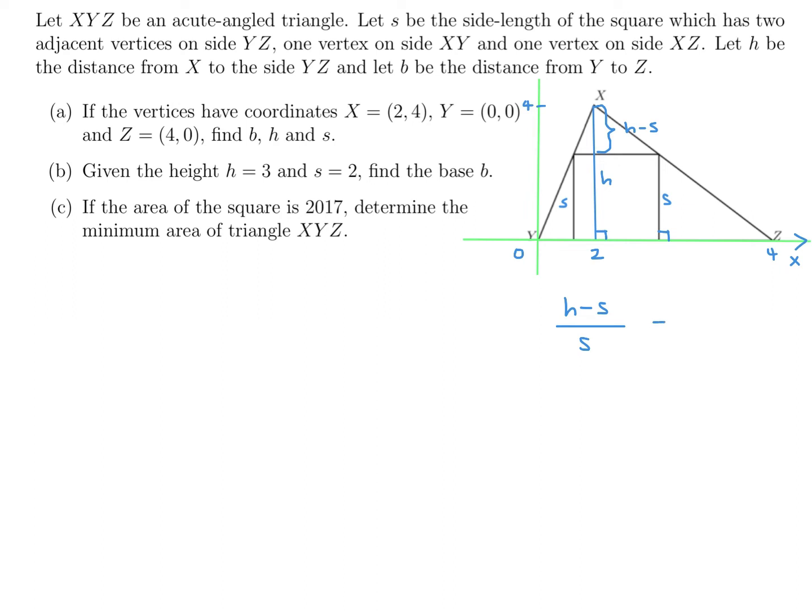So that's going to be h over b, where b is the distance from y to z. Okay, well, some of this they already gave us. They gave us that z is 4, 0, so b immediately we figure out is 4. And then h, based on the fact that x is 2, 4, h is 4.